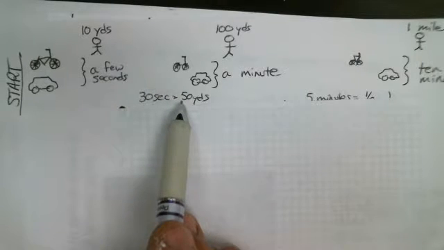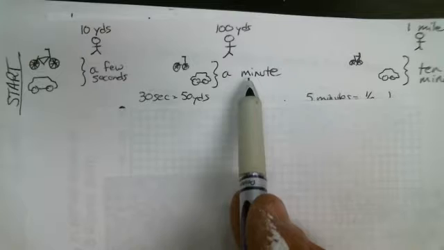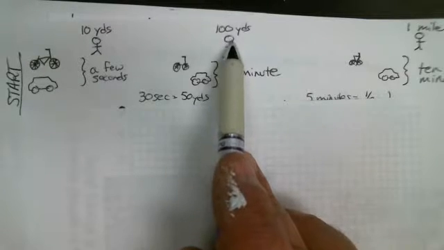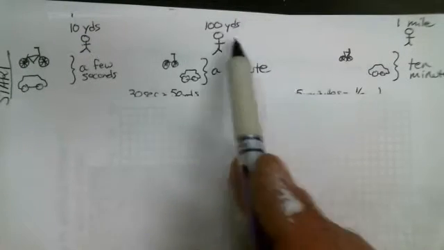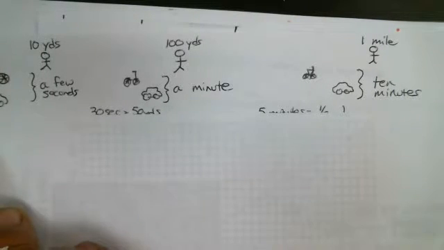So we would know that we would be about 50 yards away from the starting line if we saw them 30 seconds apart. If they were 1 minute apart, they'd be 100 yards away. If they were 10 minutes apart, they'd be about a mile away from the starting line.